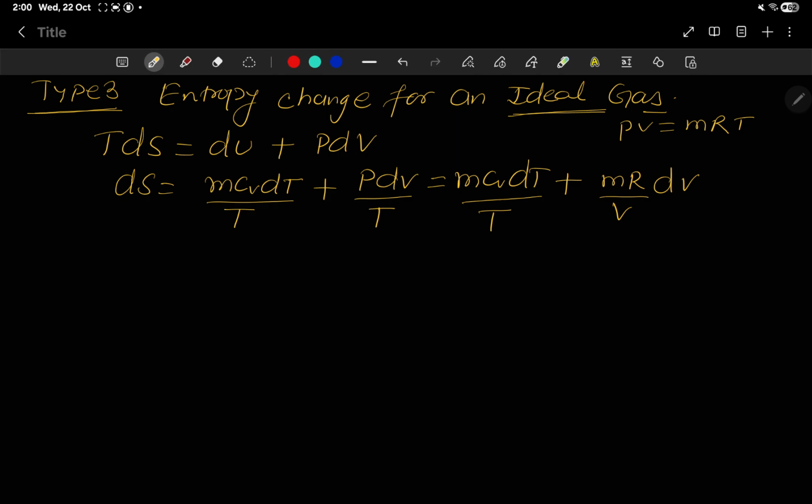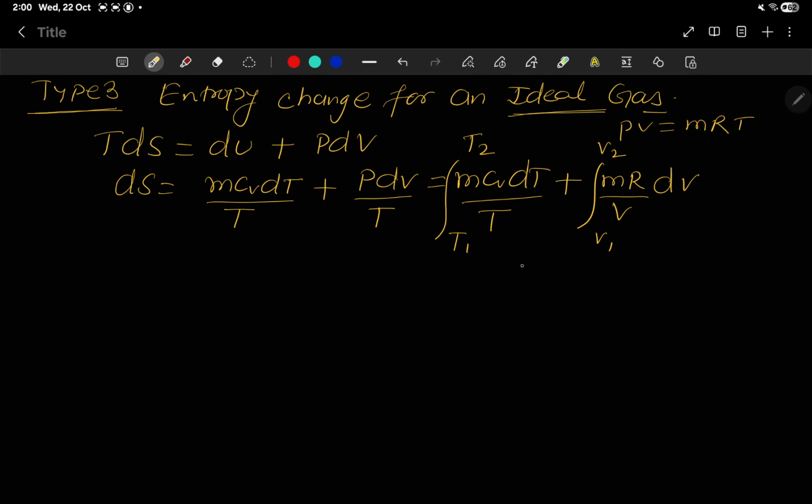Now we have to just integrate this, from T1 to T2 and from V1 to V2.